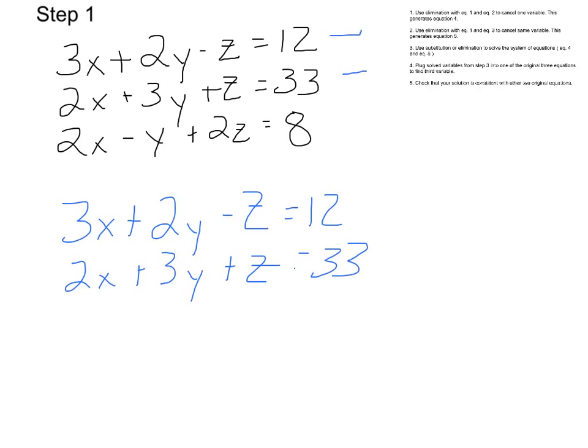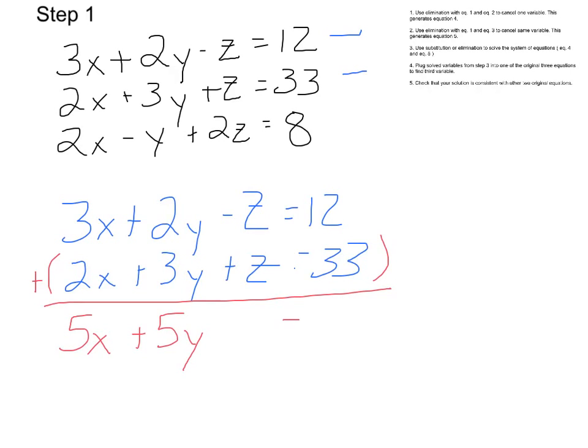If we use elimination, a very simple variable to eliminate in this case would be z, and we'll do that by adding our 2 equations, giving us 5x plus 5y equals 45. And this will be equation number 4, which we will use in step 3.